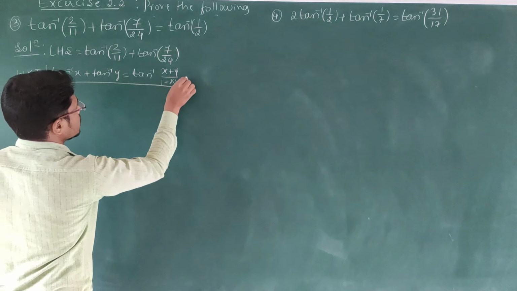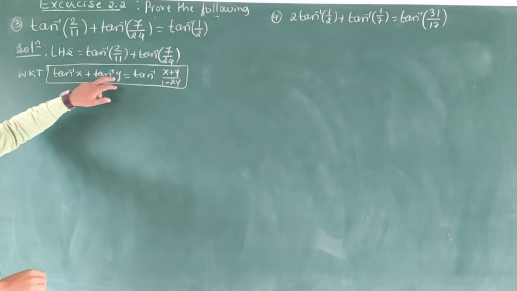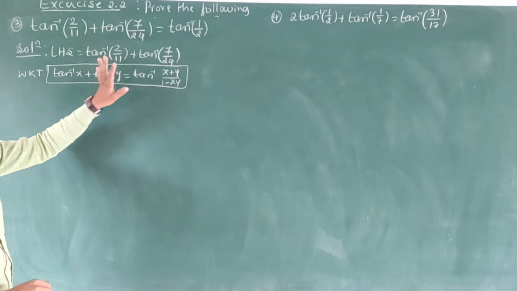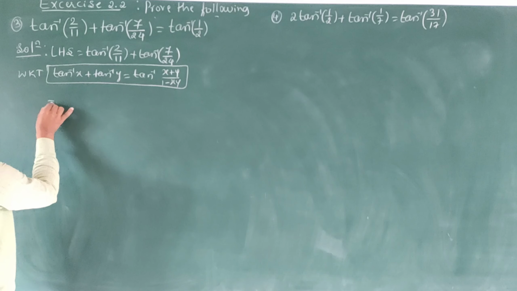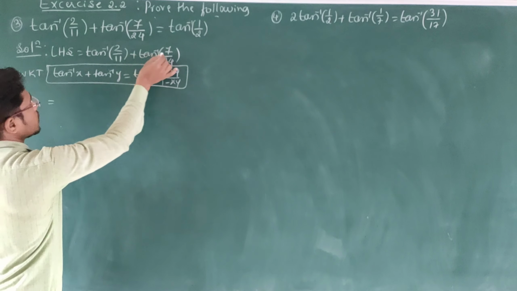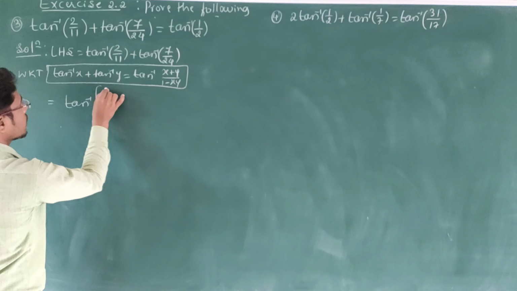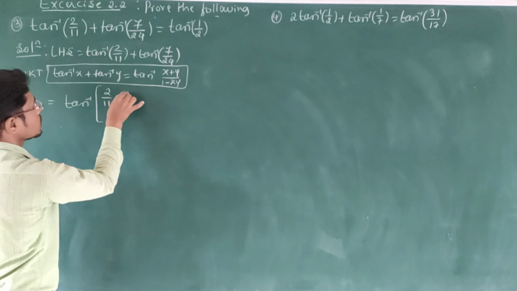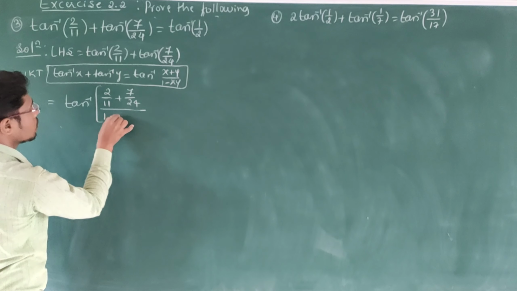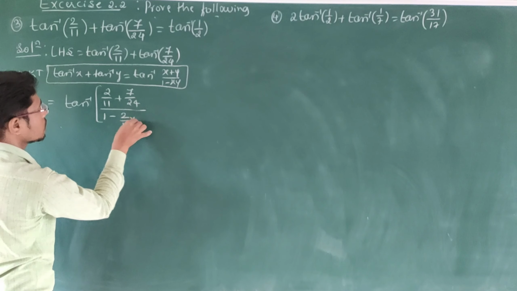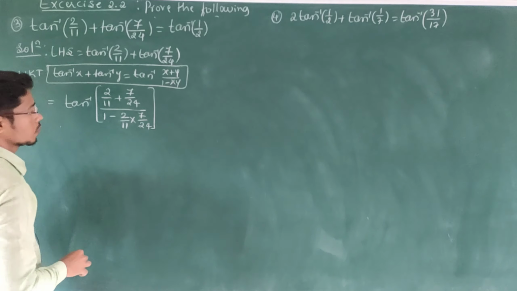Very standard formula in inverse trigonometry. On the basis of this formula, compulsory they will ask one question for 2 or 3 marks. So this equals tan inverse of x plus y, where x is 2 by 11 and y is 7 by 24, divided by 1 minus 2 by 11 into 7 by 24.